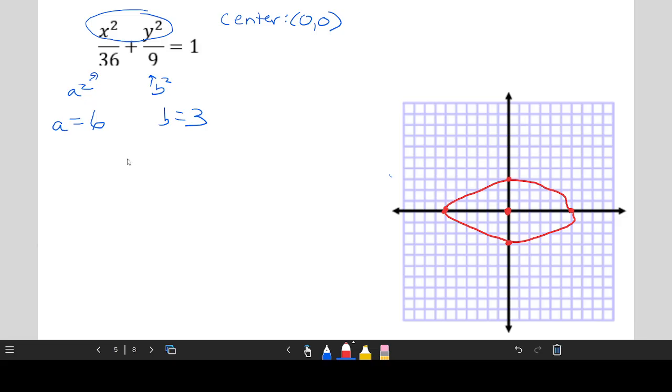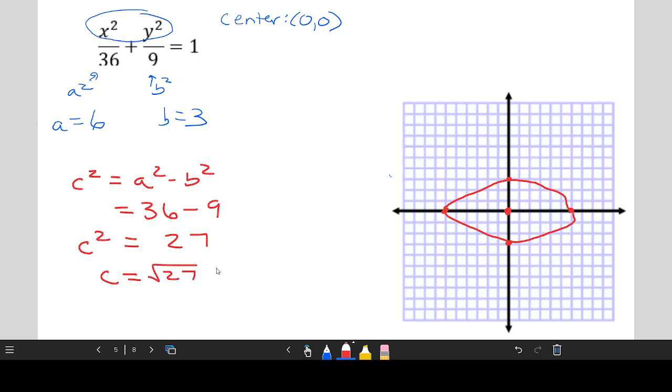Then the only thing we didn't find is where are the foci. So we know that c squared is a squared minus b squared, and a squared was 36 and b squared was 9. So c squared is 27. So c is the square root of 27. Again, c is a distance, so we're not concerned with the negative square root.